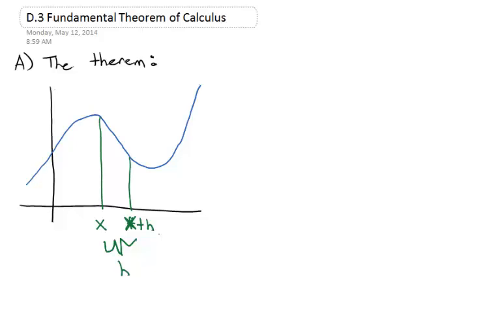We want the area inside there. So our goal is to calculate this wedge, if you will.